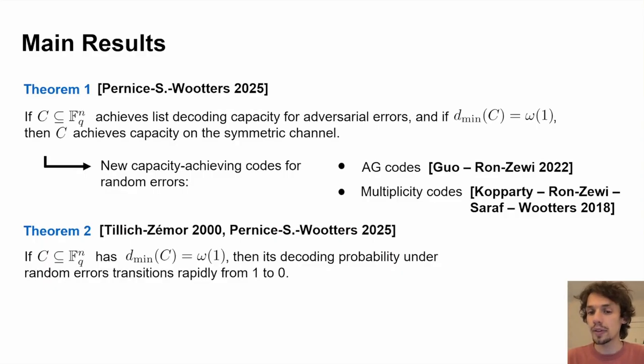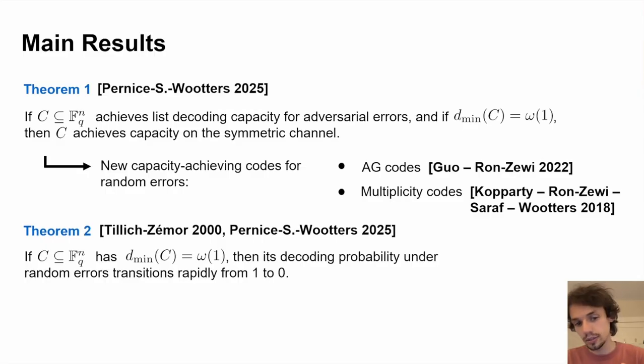Meaning that if I vary p, so if I look at random errors of probability p, at first when p is close to 0, the code will be able to decode any sent message with probability very close to 1. Then as I increase p, at first it'll stay very close to 1, and then suddenly there will be a very sharp drop off to 0.